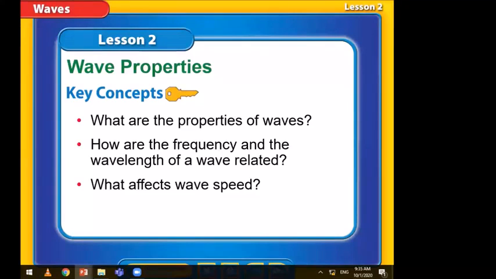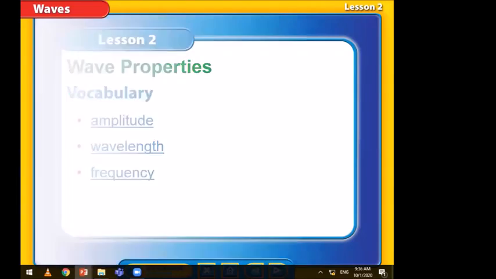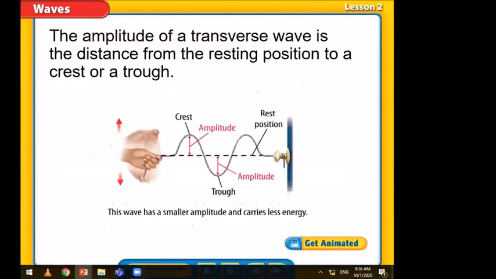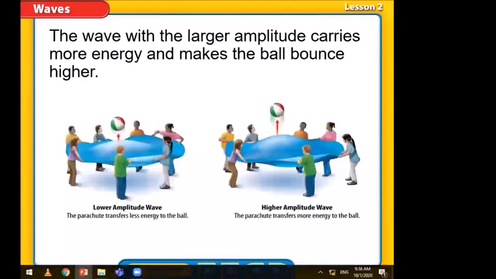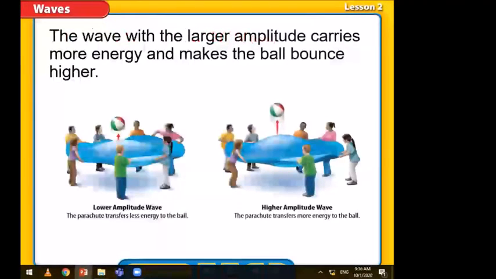What if I said it's the distance from one compression to a far away compression? That's totally wrong. It should be the same point on the next wave. Okay? Do you get this point, guys? Okay. Let me share my screen again.